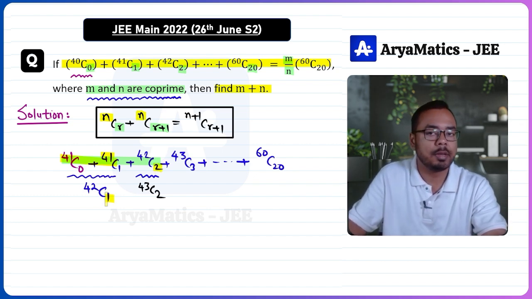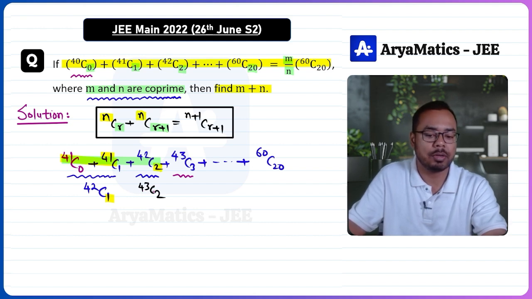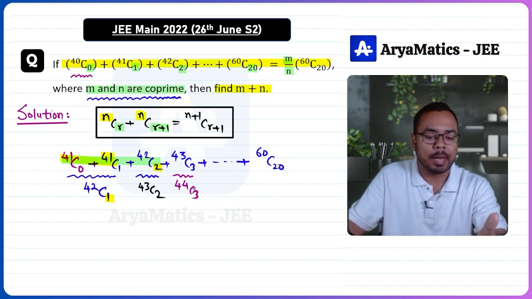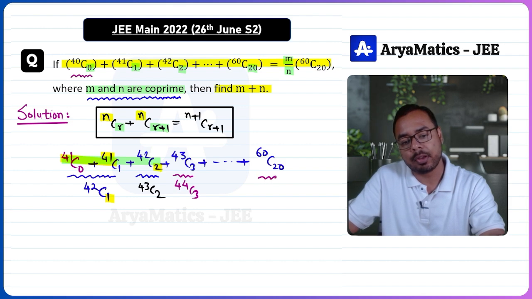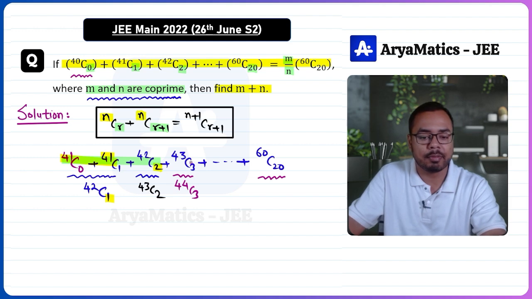Now we are going to add the first four terms. The sum of the first three terms is 43C2. 43C2 plus 43C3 will become 44C3. So you can add this term with the next one and use this property. Ultimately, when you add the terms on the left hand side, 43 became 44, C3 is the same as C3, 42 became 43.